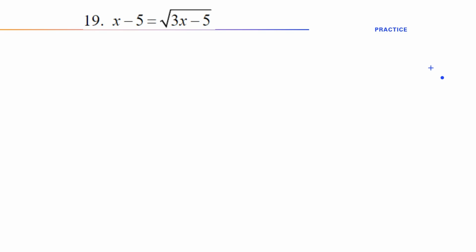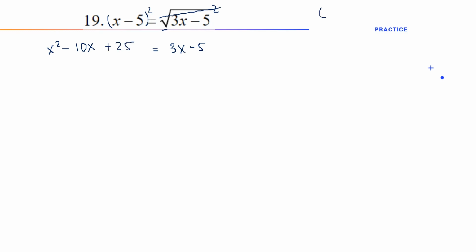Okay, in this question, we already set up the two sides. One is the square root on one side, and the other one is x minus 5. So we can square both sides to get rid of that square root. On the right hand side, we have 3x minus 5. On the left hand side, we just expand that square of a binomial, so that x squared minus 10x plus 25.